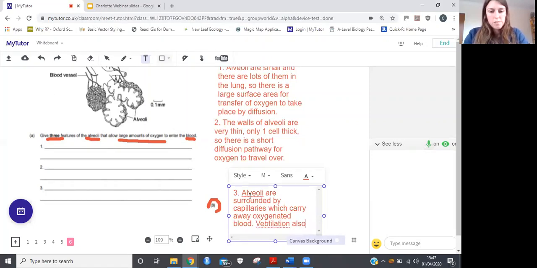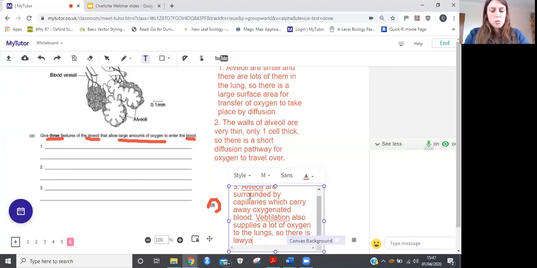Ventilation also supplies a lot of oxygen to the lungs, so there is always a high concentration gradient for oxygen to travel down during diffusion.